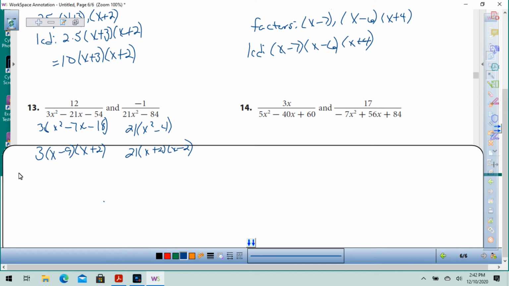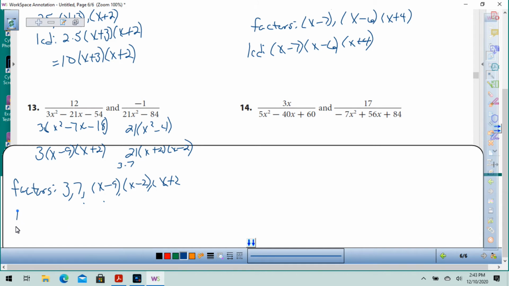The factors, well, let's see what we got. 21, isn't that 3 times 7, right? So you got to check that. Factors. 3 times 7, well, 3, 7, x minus 9, x minus 2, and x plus 2.